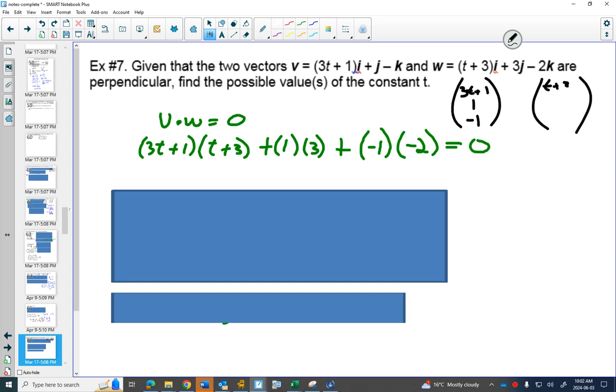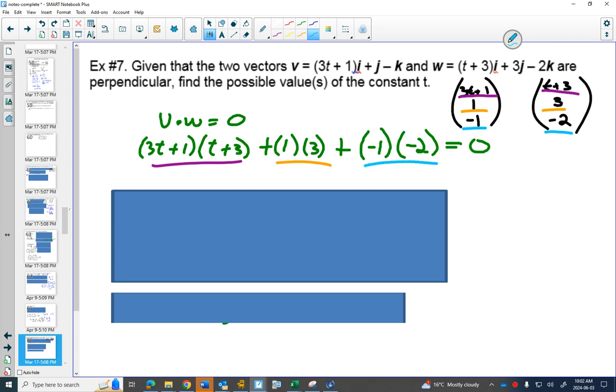Here we have t plus 3, and then a 3, and then a negative 2. Writing the column vectors just makes the dot product easy to see. Because you need to multiply the corresponding, so here in purple, this one times this one, that shows up right here. In orange, this one times this one, shows up right there. And finally in light blue.